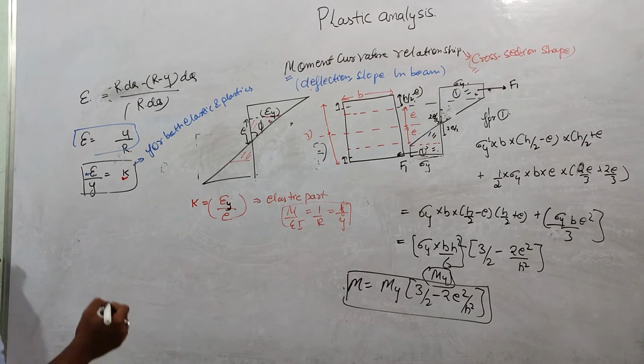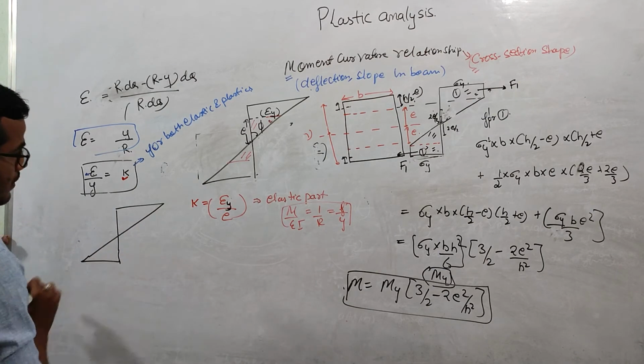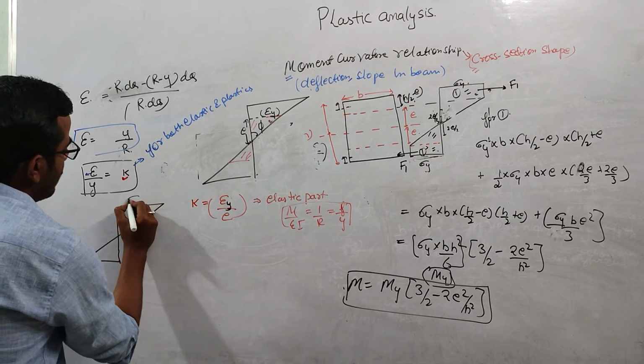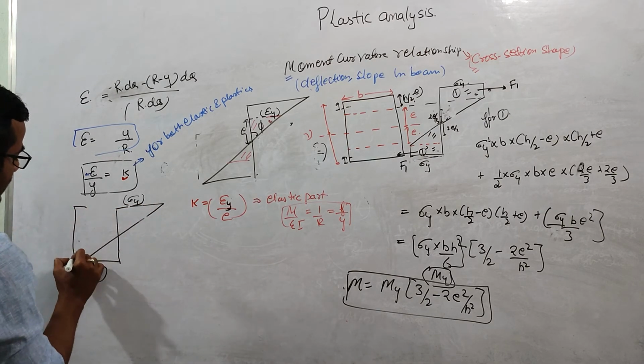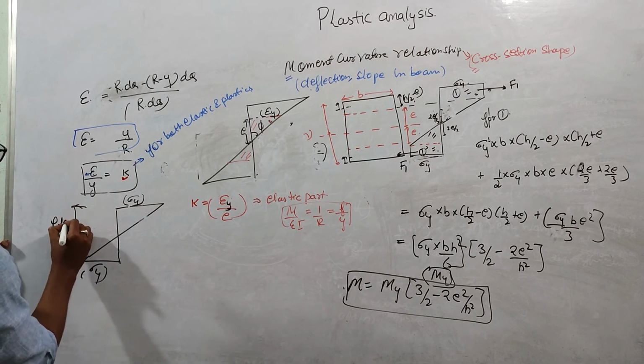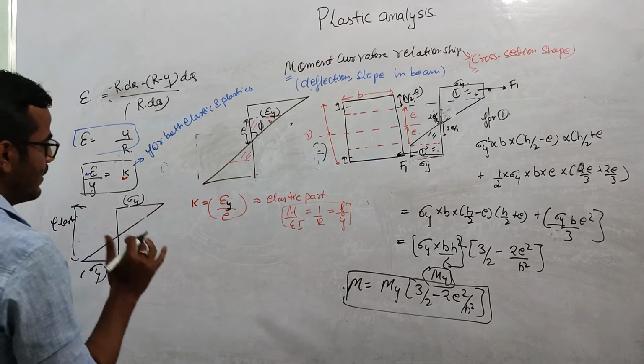And let us suppose we have this case where this fiber is at sigma y and this is the elastic bending. When the top fiber has yielded, only the outermost fibers have yielded.